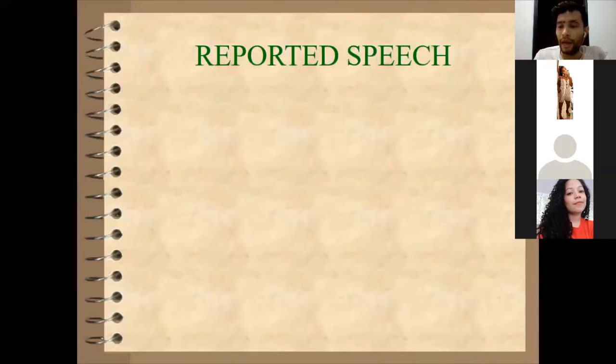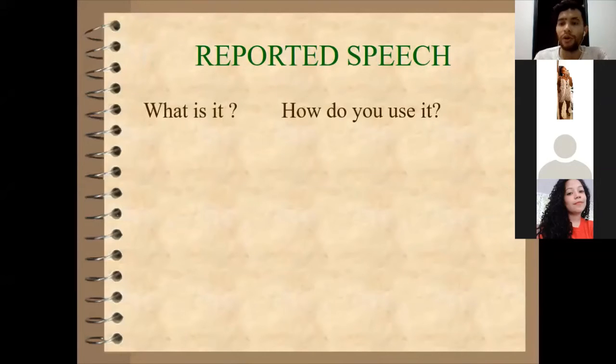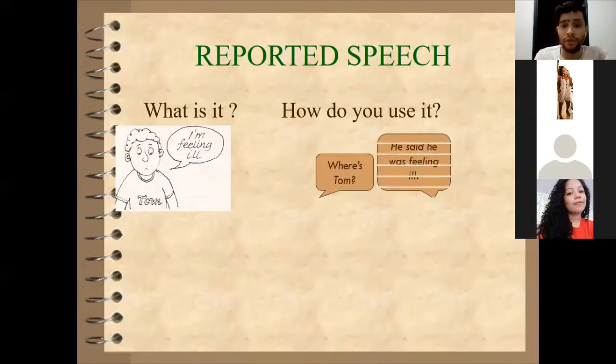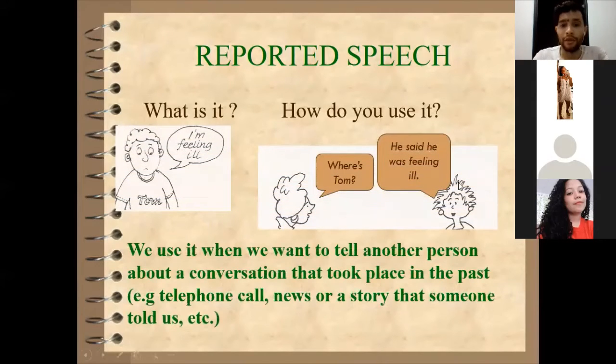Now I have already told you what reported speech is, how it is used and everything, right? So we can skip this part right here. This part down here is like the definition. So how do we use it, or what do we use it for? We use reported speech when we want to tell another person about a conversation that took place in the past.